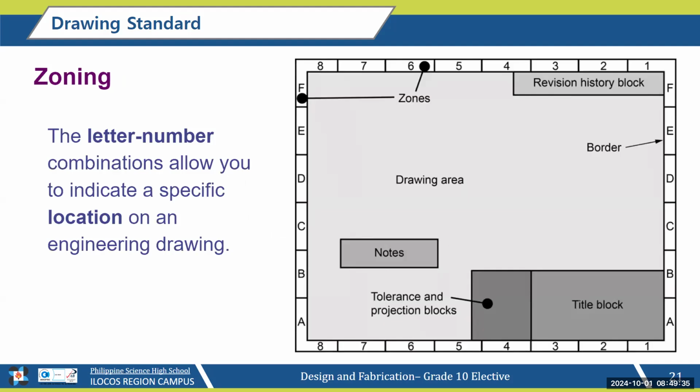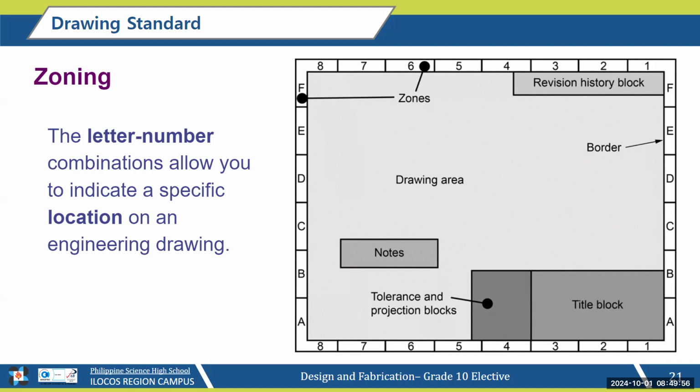Next, we have zoning, which helps in navigating especially larger drawings. Zoning uses letter number combinations, which is similar to your map grid. This is done in order to indicate specific locations on an engineering drawing.